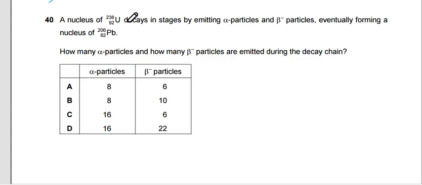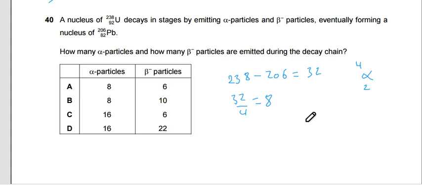So if we look at the change in mass number, it will be all attributed to alphas, and this is equal to 32. Alpha has a mass number of 4 and atomic number of 2, so 32 divided by 4 is 8, so we have 8 alphas.